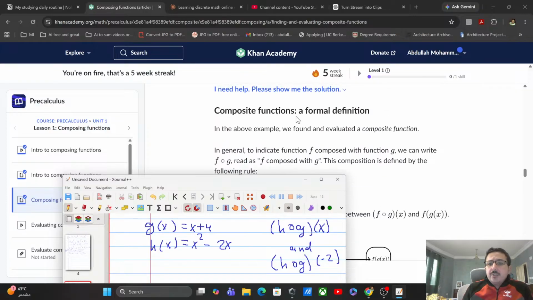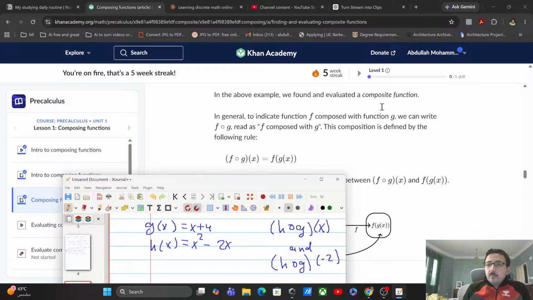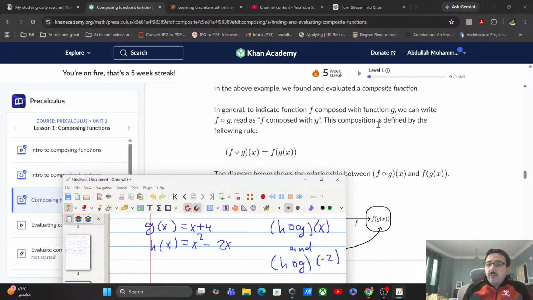Composite functions, a formal definition. In general, to indicate the function f composed with function g, we can write f composed with g.